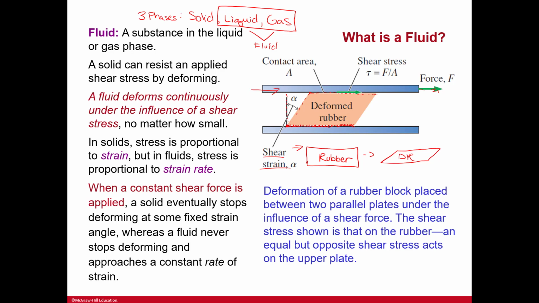So if you have water, if you have a boat sailing across the water, that fluid is going to experience deforming. You can see that by way of waves. You can see the deformation of the water. If the water was perfectly still before and a boat starts going across it, it's going to deform, and you're going to see that by a wave. And that deformation is going to deform continuously.